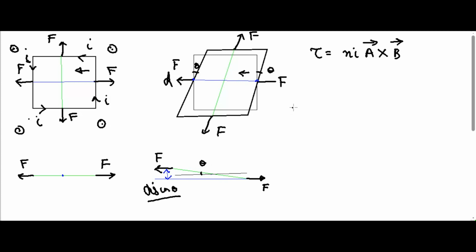And we had derived, I will not derive again, that because of this displacement there will be a torque on this wire, and the total torque on this current carrying loop, if it has multiple turns, say 4 or 5 loops, will be N I A cross B, where A is the area vector and B is the magnetic field vector.